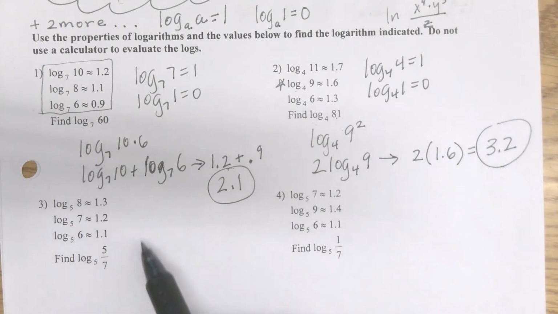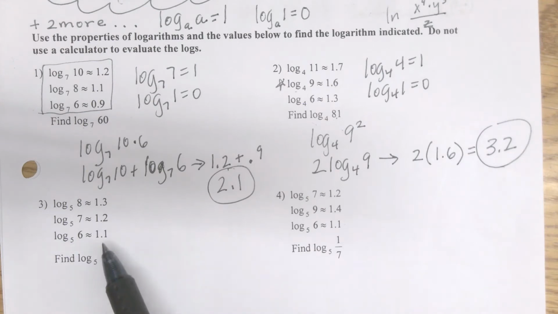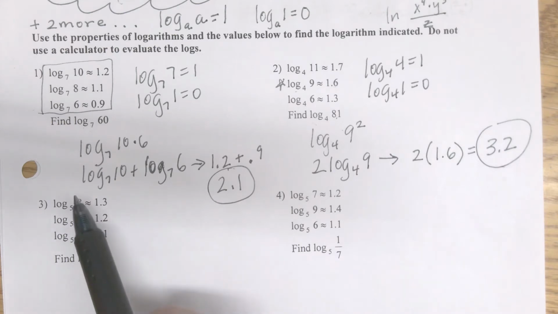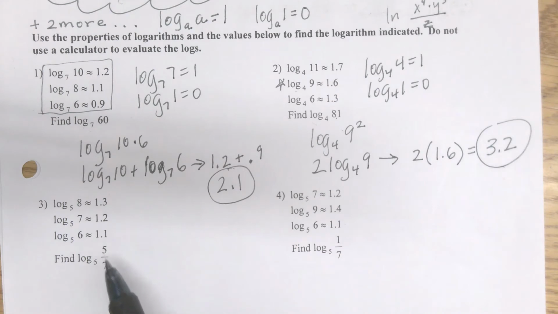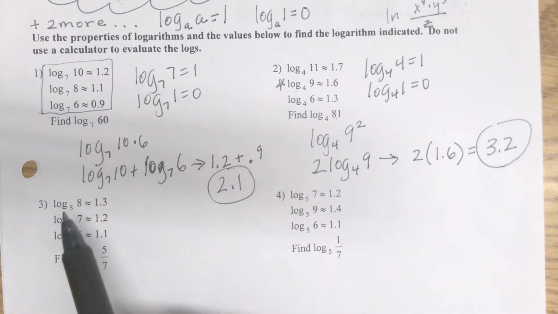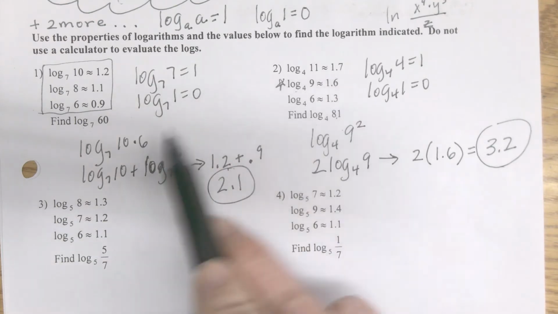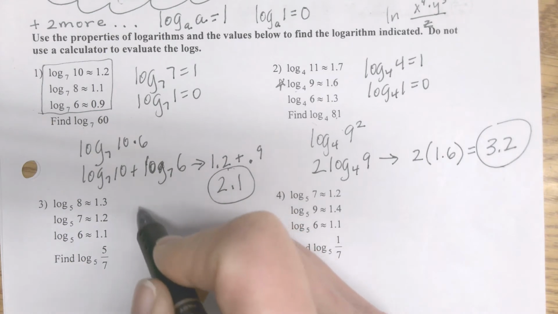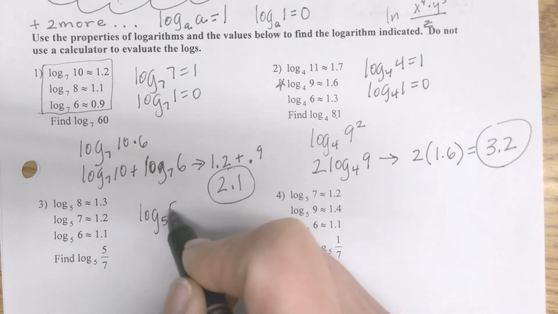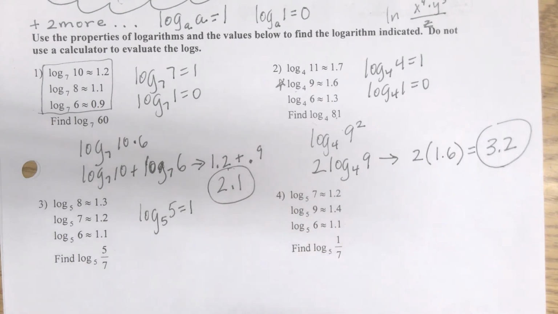Moving on to the next, we have a fraction, and it is 5/7. First you look at this and you think, oh, that doesn't look so bad because I have just two numbers that can't really be broken down. But then I notice here, I don't have log base 5 of 5. But remember, we have those other two that we can add. So I can add to this, the log base 5 of 5 is 1.